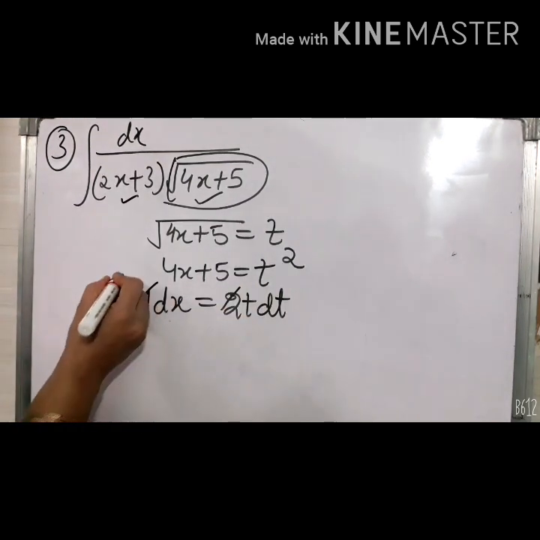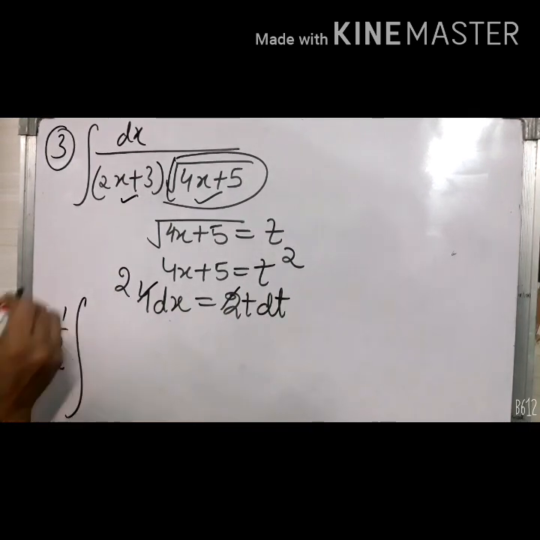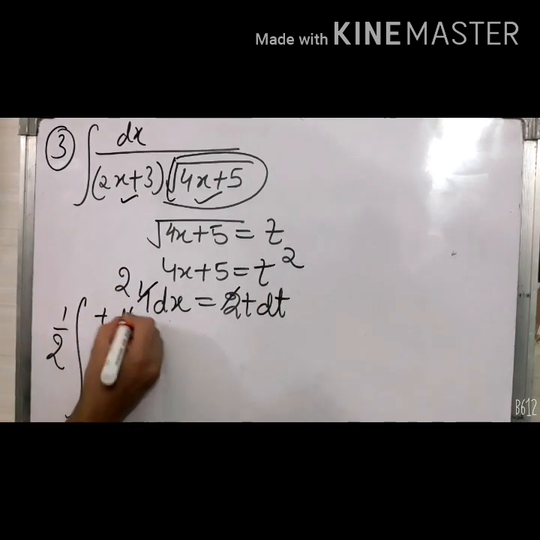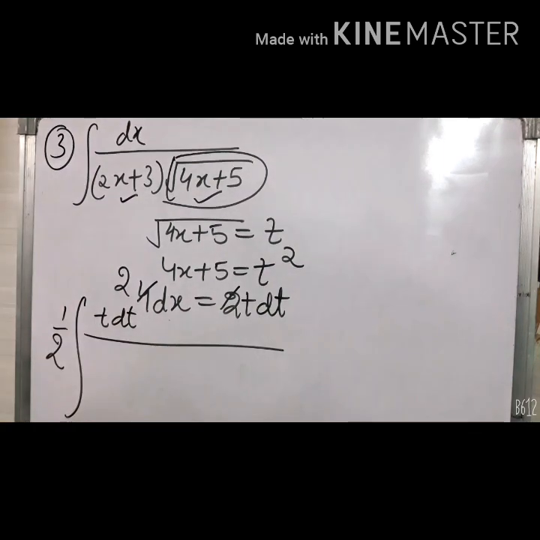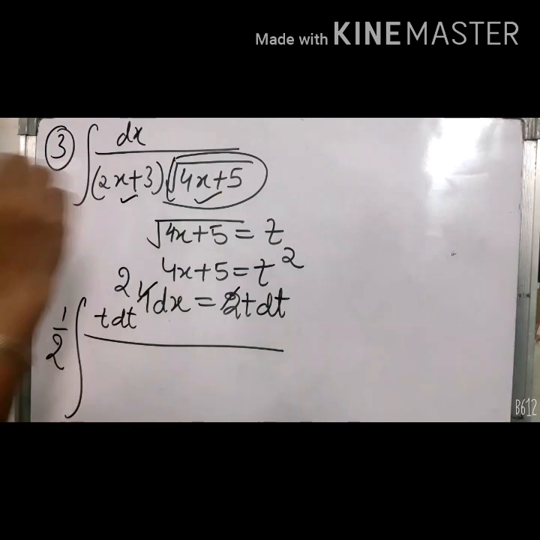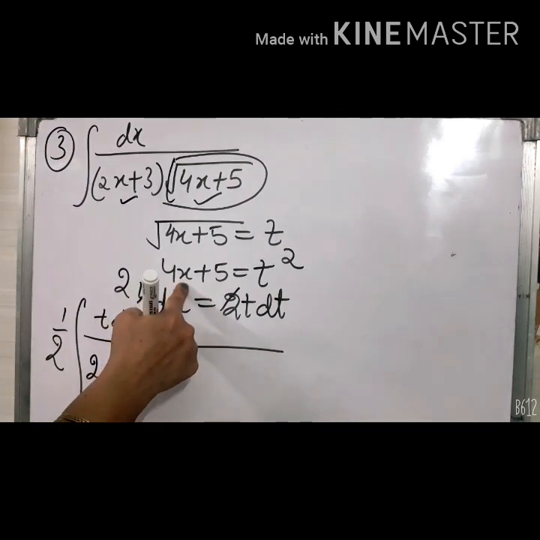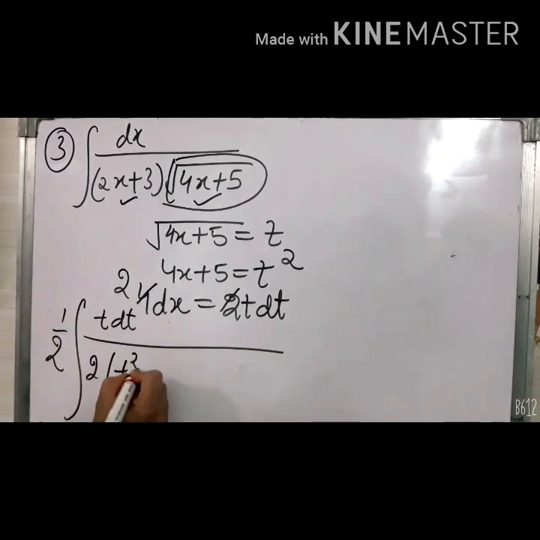I will cancel it and this becomes 1 by 2 t dt by... Now 2x plus 3 and this is your t. I will first put t in place of x. What will you put? t square minus 5 by 4 by this equation.